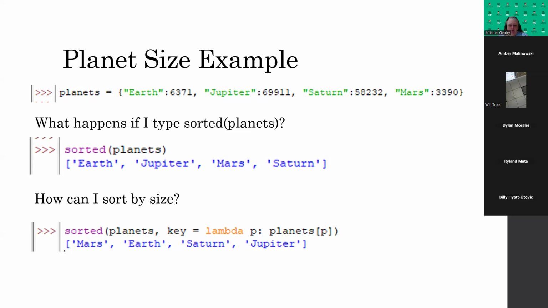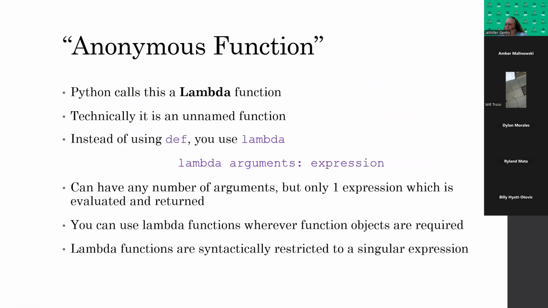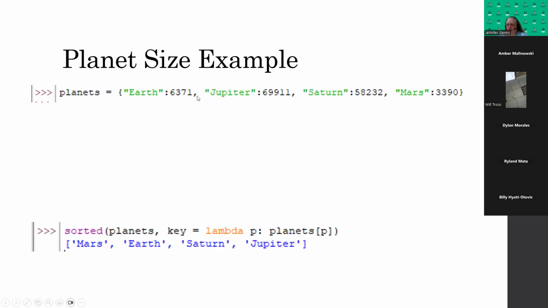Is P a placeholder or the actual input? Is what a placeholder or the actual input? Oh, is P a placeholder? Yeah, I think it's a placeholder. Because if you go back, when you're looking at this, your argument would be P, and then you're returning the position within the list, right?